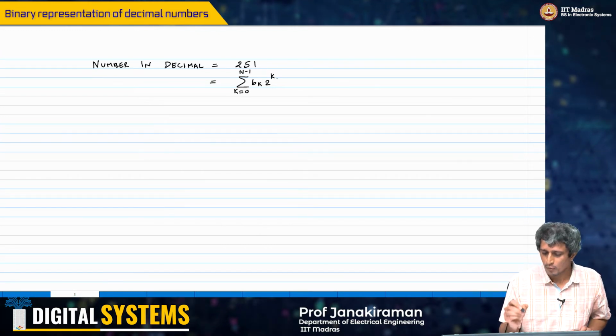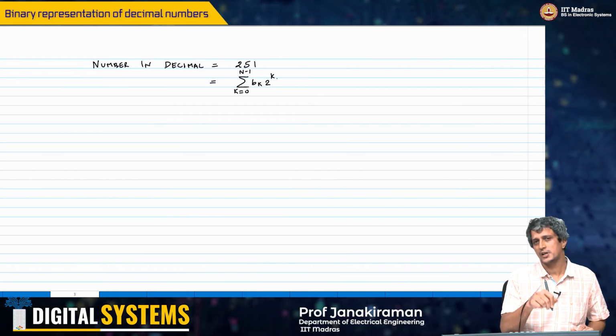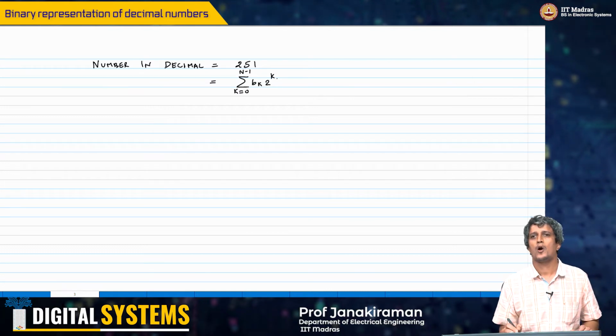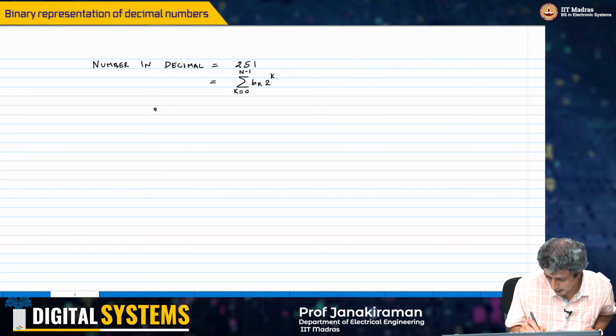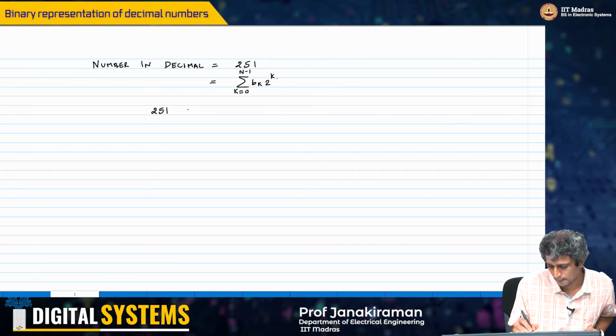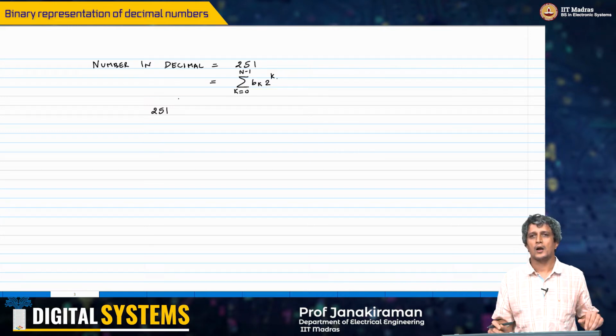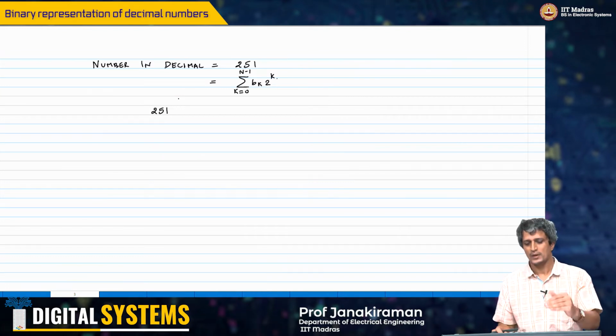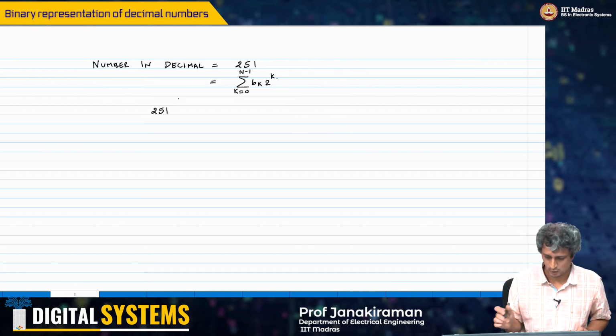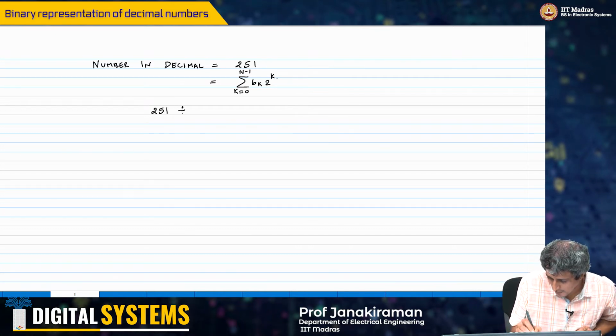You can formally do the procedure that I'm going to mention now in order to convert a decimal number to binary. You take 251, and you are always going to divide only by 2 and then figure out what the remainder is. So let's do that first.